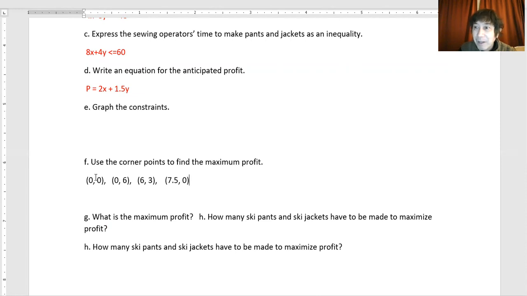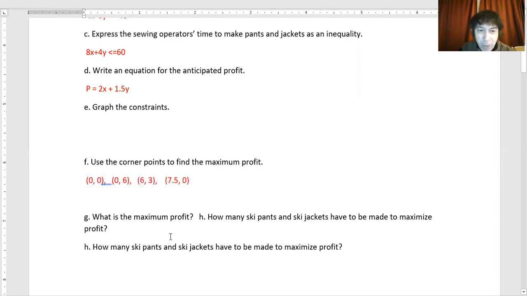That can only be 7. We cannot go over that, because that's the corner point. We cannot have 8. And if we use 7, surely it cannot be the maximum, because we already computed it, and the maximum is at 6, 3. So these are the corner points in the graph.